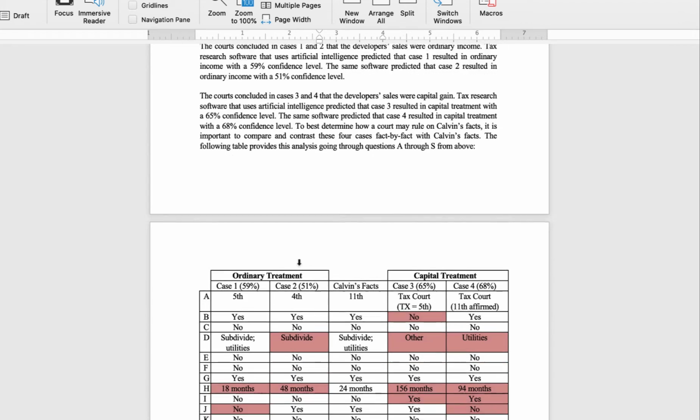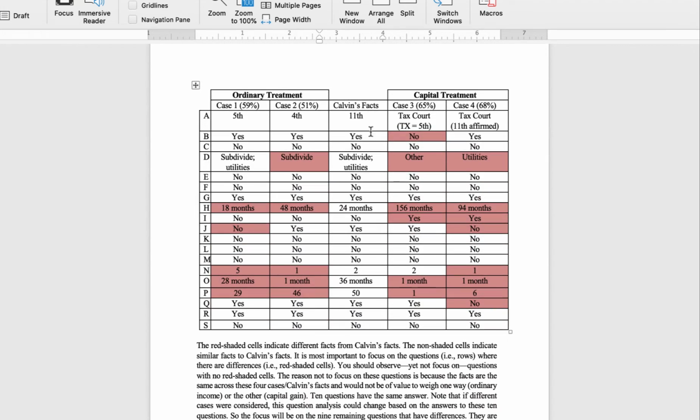And what we did was we created a table. In the middle we had Calvin's facts. We had 2 of those cases, ordinary treatment. And by the way, I used the tax software BlueJ Legal in doing this analysis, which uses artificial intelligence.